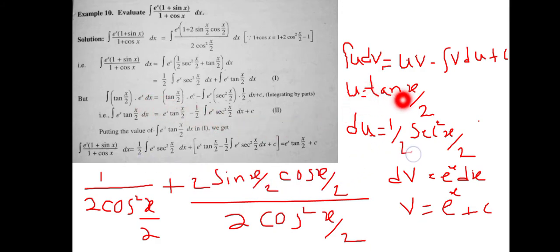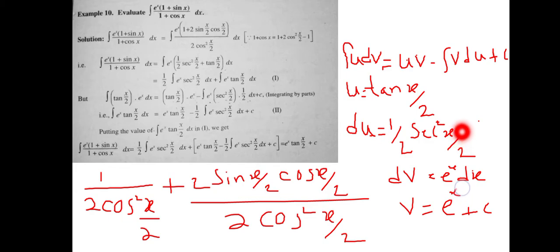Now if u is equal to tangent x/2, then what is du? What is the derivative of tangent x/2? The derivative of tangent x/2 is secant square x/2, and we have to multiply separately by the derivative of x/2 as well, and the derivative of x/2 is 1/2. So du is equal to 1/2 secant square x/2 dx.